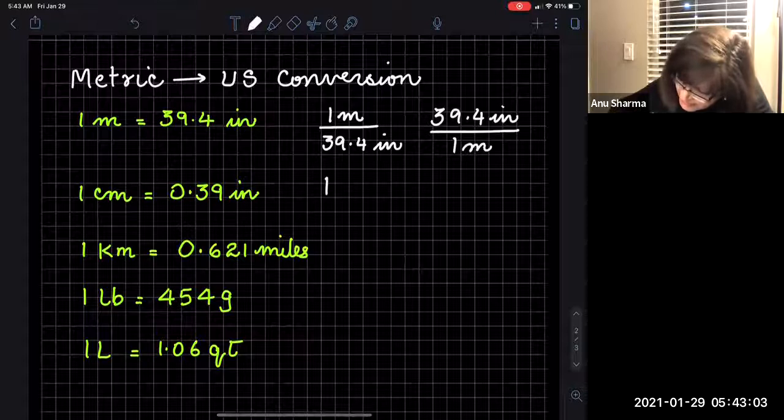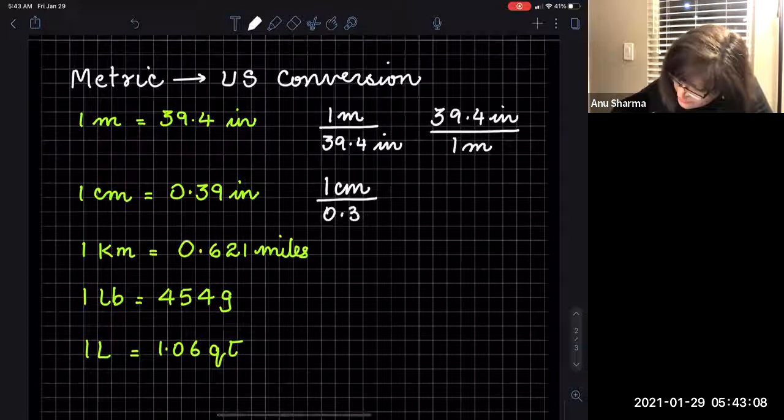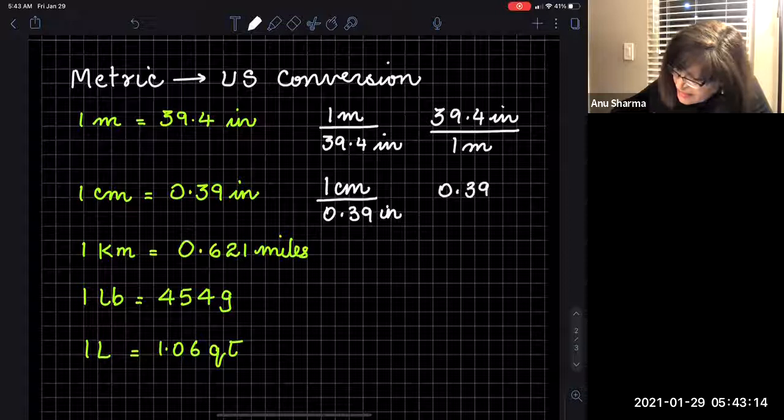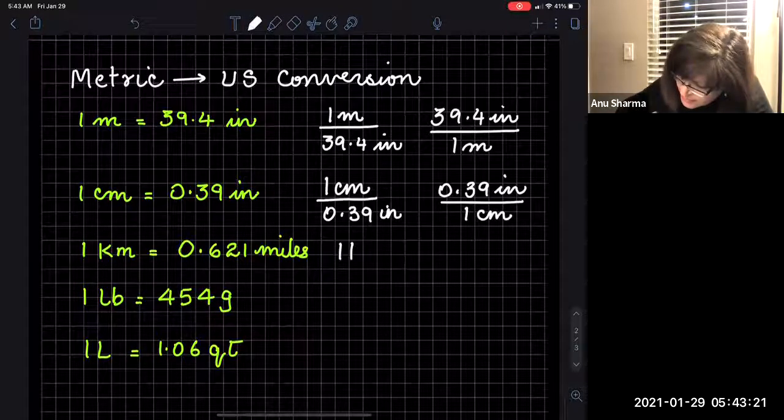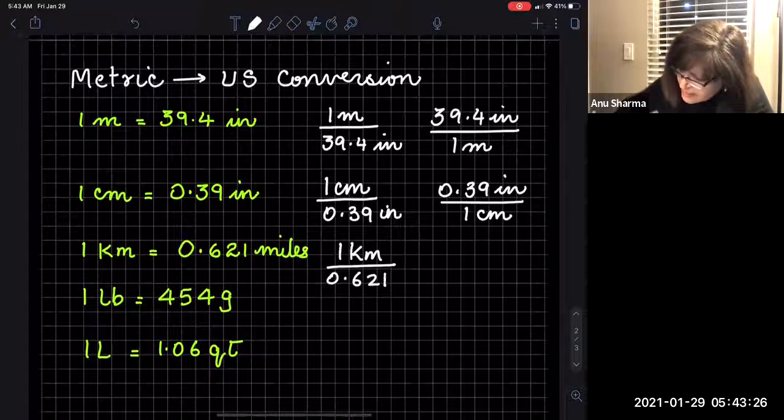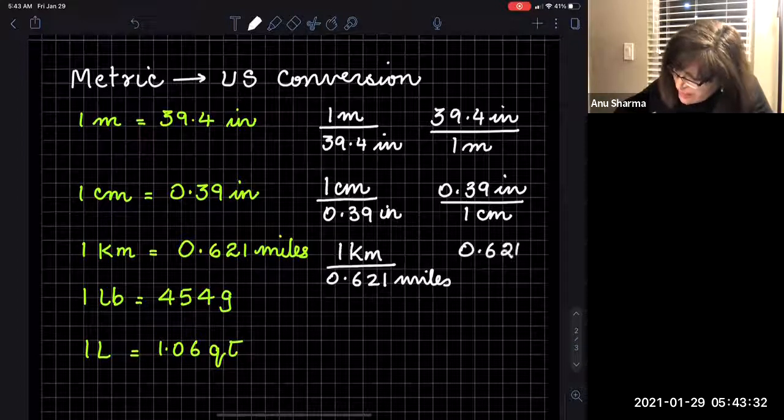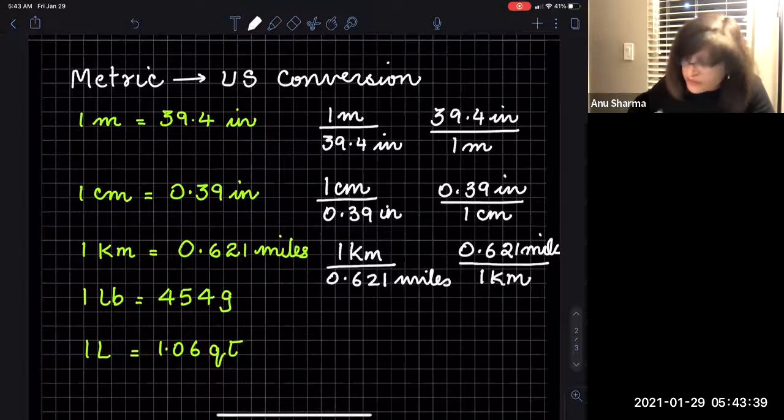Then 1 centimeter over 0.39 inch, or 0.39 inches over 1 centimeter. And here you have 1 kilometer over 0.621 miles, or 0.621 miles over 1 kilometer.